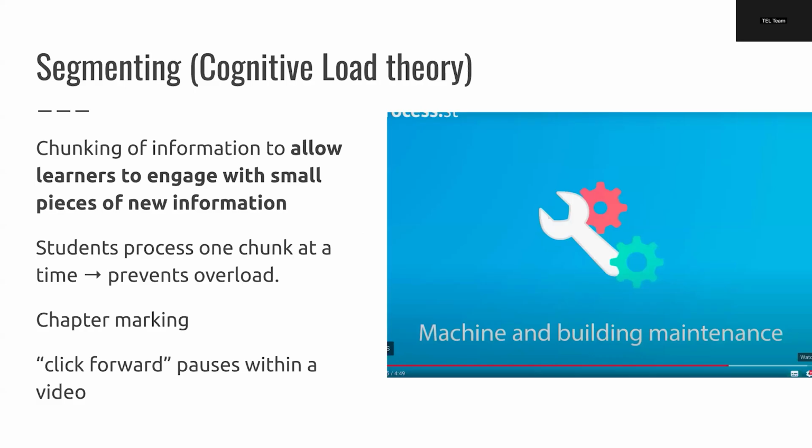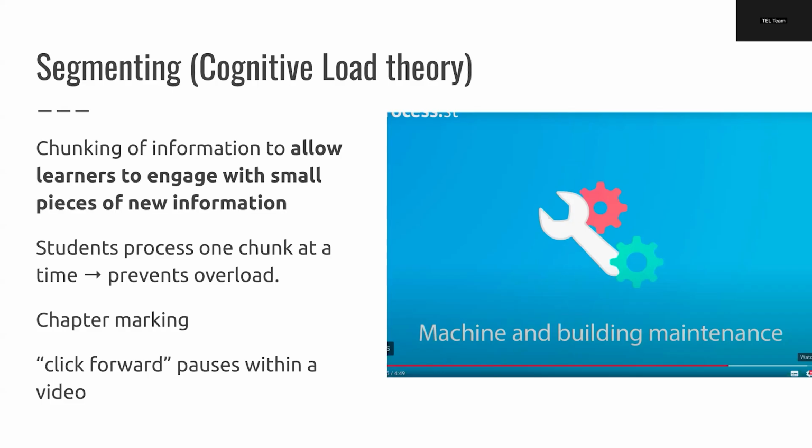Segmenting, this links in with cognitive load theory, is the idea of chunking. And if there's one thing I'd hoped you'd get from this session, it is the concept of chunking and segmenting. Segmenting is breaking your content into smaller chunks of information.